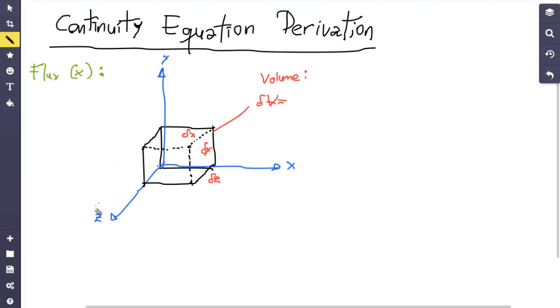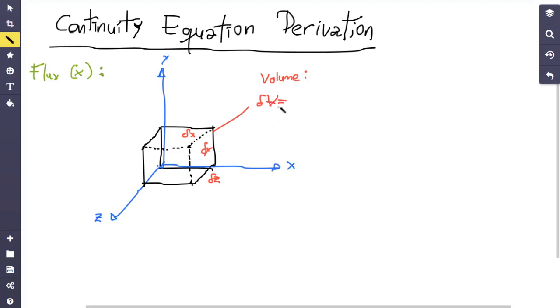So first of all, we start with an infinitesimal volume of fluid. Here, of course, we will apply the continuum hypothesis, so we are dealing above the molecular level and we don't have to worry about that. And we will work with a cubic volume of fluid.